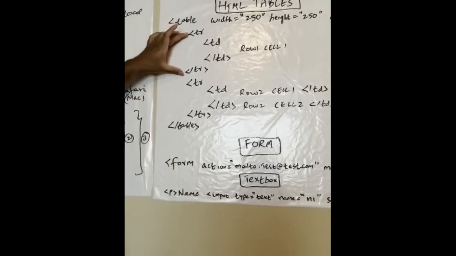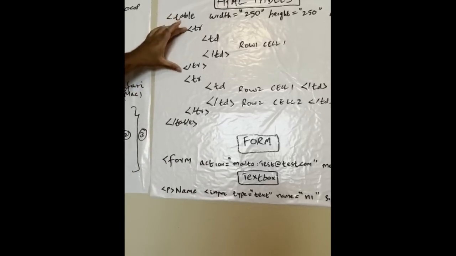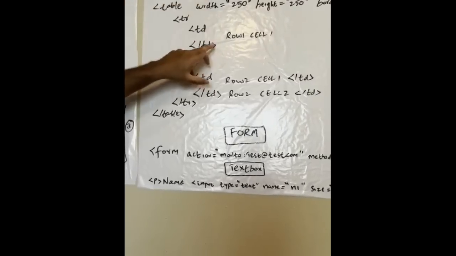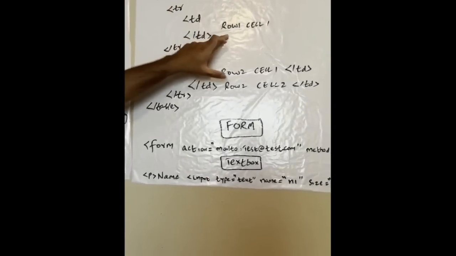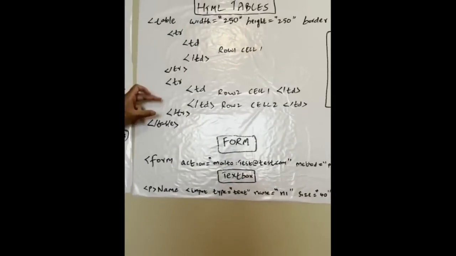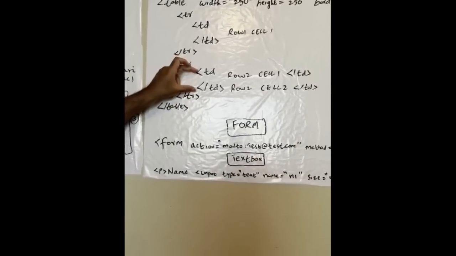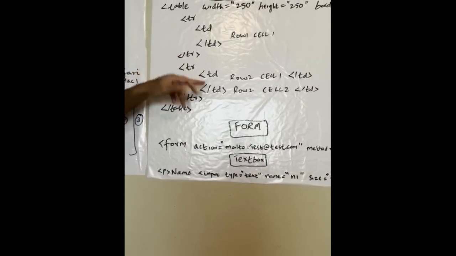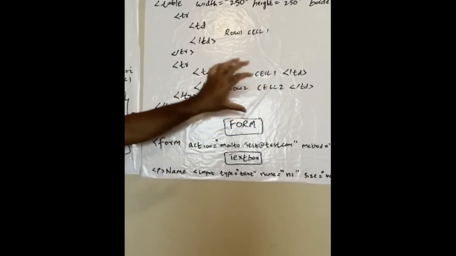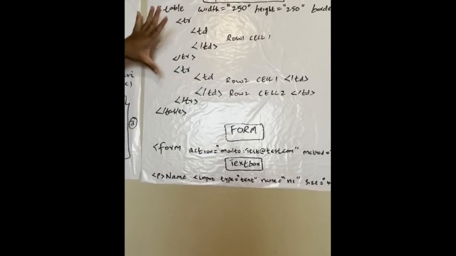So this is the first row, TR. What we want to display in the first row here, that is the program for that. Within the row, the columns, what is the column element? So this one defines the first row, first column element, like this one here, 1. And TR, there are two columns, row 2, cell 1, row 2, cell 2. Cell 2 means the whole cell, that is the column it's talking about. And this completes the basic table element.